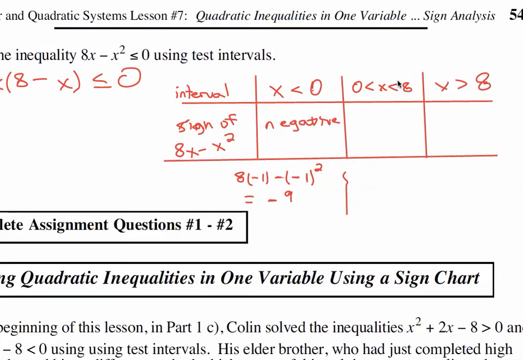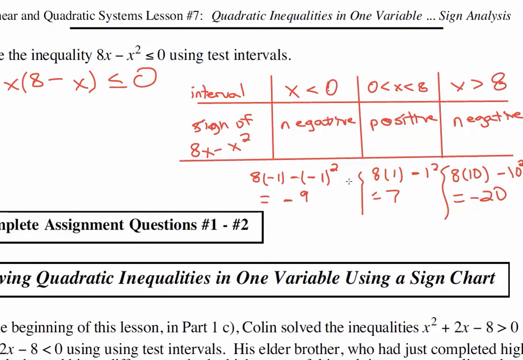Let's pick a number between that. I'm going to pick 1 because I think that will make it easier to evaluate. And we see this is equal to 7, so that is positive. What about when x is greater than 8? I'm going to pick 10 again because that's an easy number to use. Then I'd have 8 times 10 minus 10 squared, so that would be 80 minus 100, which would be equal to negative 20. So that's negative when x is greater than 8.